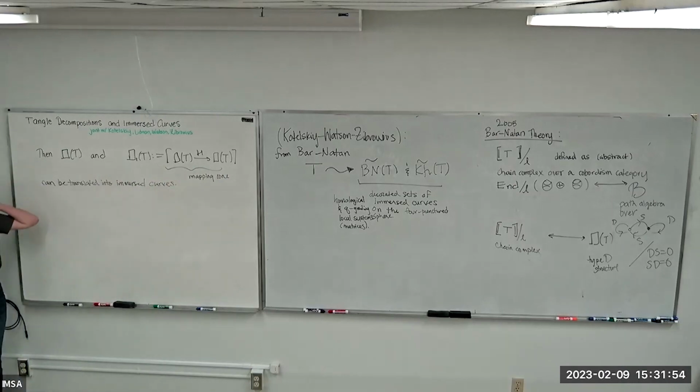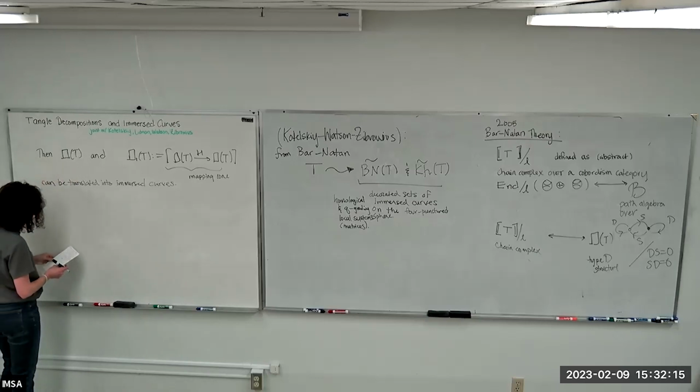So this is roughly the strategy with the immersed curves for 3-manifolds with torus boundary as well, where you have some sort of type D structure and then translate it into an immersed curve in a rather complicated way. So let me write down these complexes for two small tangles that we can look at and calculate with.